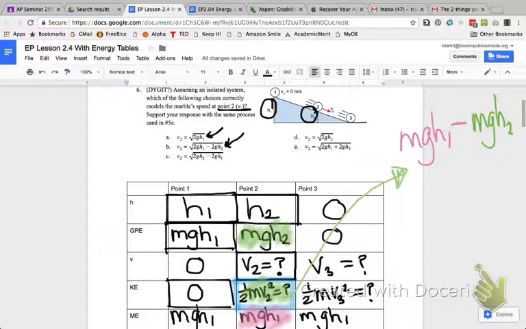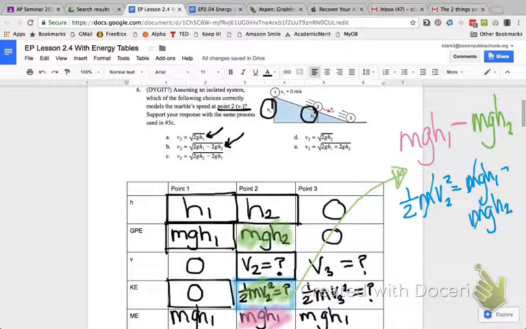So that tells me that what I have in this blue box, 1/2 mv2 squared, is equal to mgh1 minus mgh2. And now I'm just going to solve for v2. So I can cancel out all my masses. I can multiply both sides of my equation by 2.